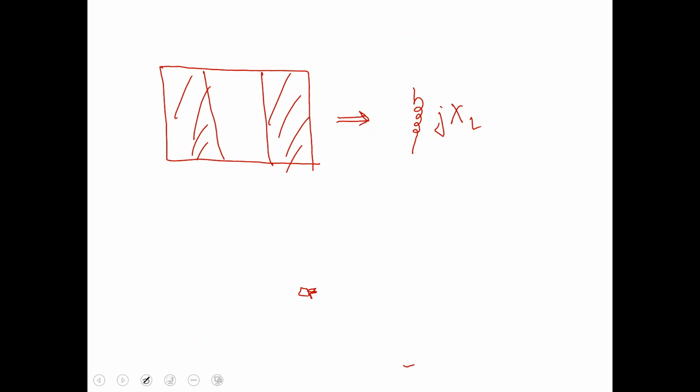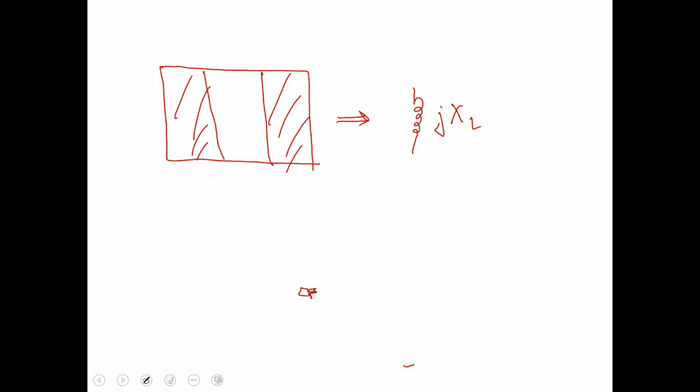You have to calculate all the higher order modes, and not only that, the evanescent modes too, and how much energy goes into those evanescent modes. That energy is going to be stored close to that discontinuity in the evanescent modes, and those calculations are normally done numerically using either finite element or finite difference time domain methods.